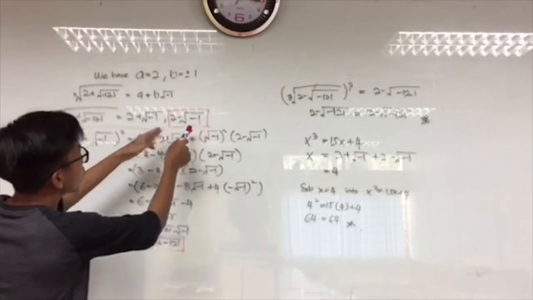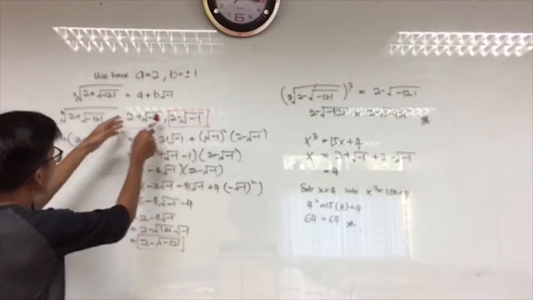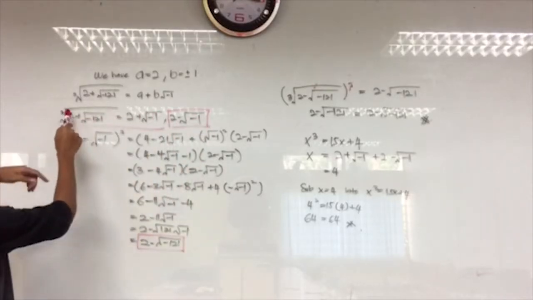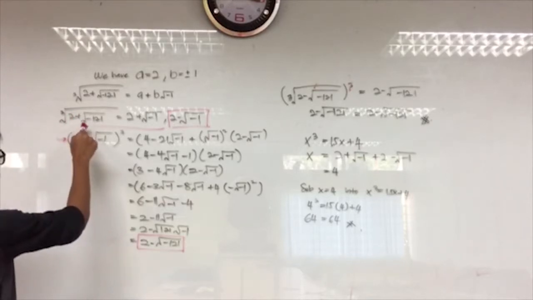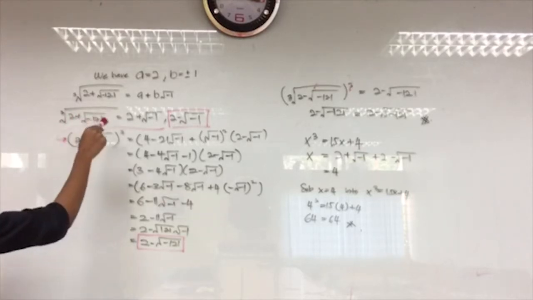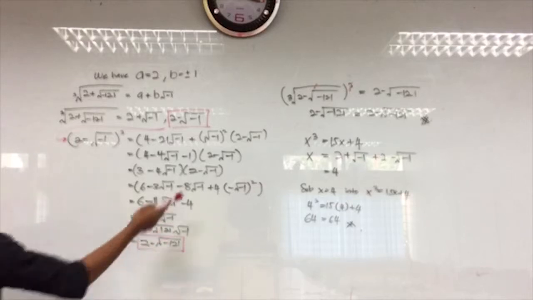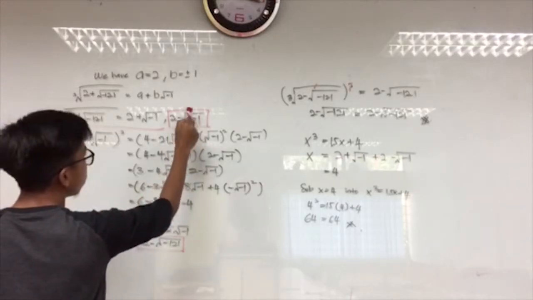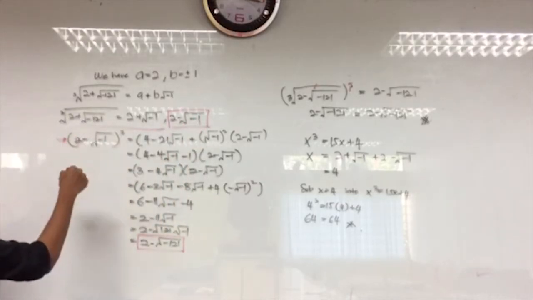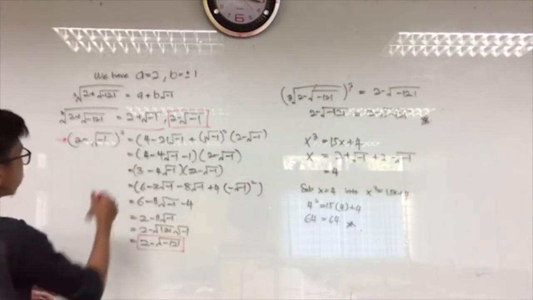We want to prove that this value is equal to the cube root of 2 plus square root of -1 to 1. So I take one of the values and multiply it by the power of 3.